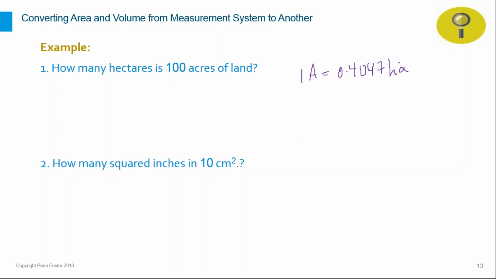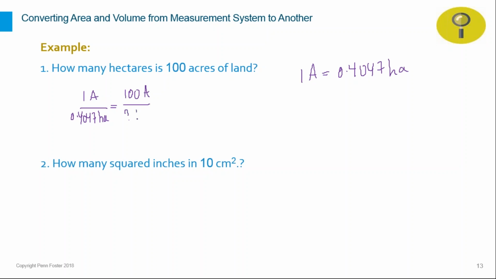This is factual information I just copied down. On my proportion, two fractions. One has the factual information, 1 acre equals 0.4047 hectares. Then what if we have 100 acres?